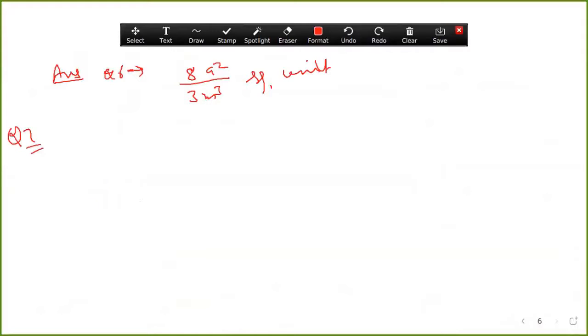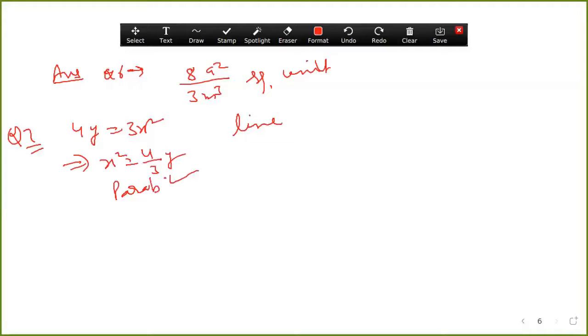7th. Find the area enclosed by the parabola 4y is equal to 3x square, or you can say x square is equal to 4 upon 3 y, symmetrical about y-axis, and the line 2y is equal to 3x plus 12.